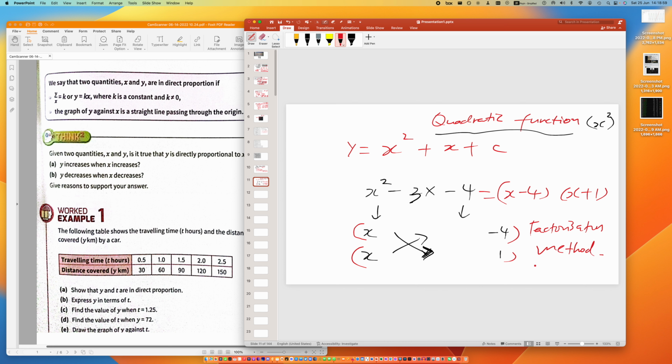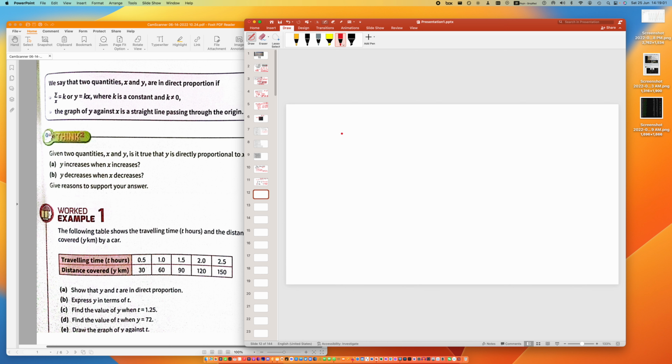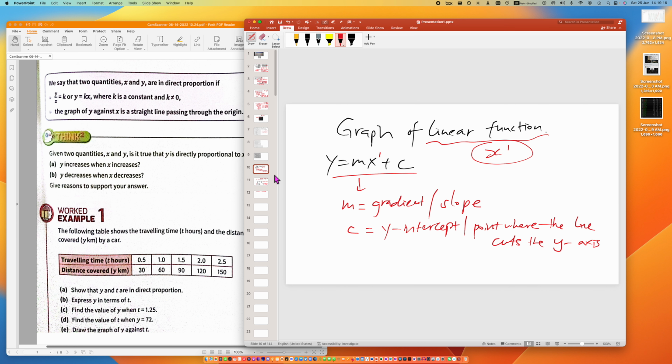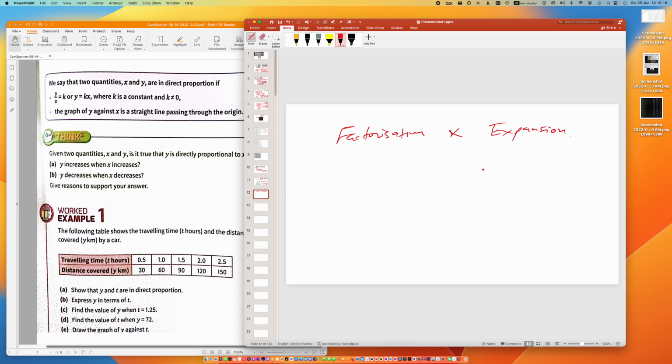So what is factorization and what is expansion? In simple terms, if I use this example, this one is factorization.